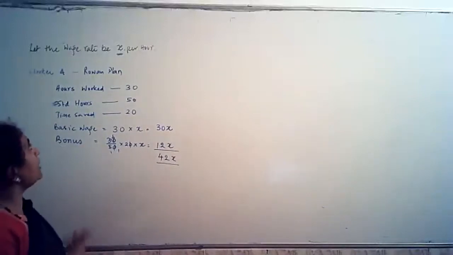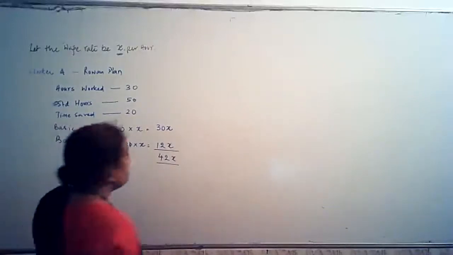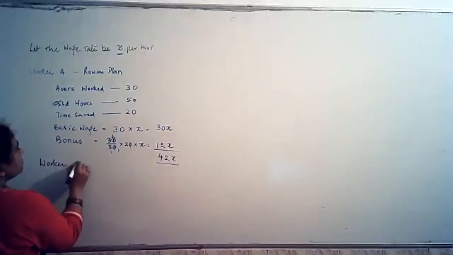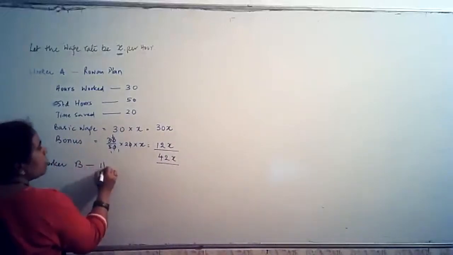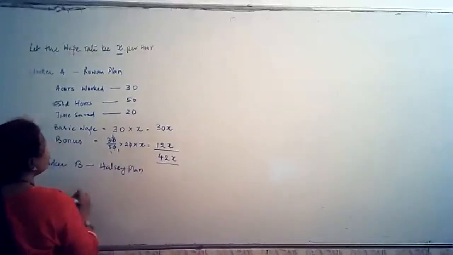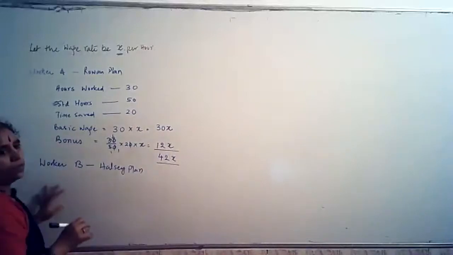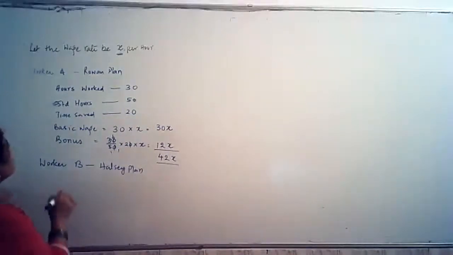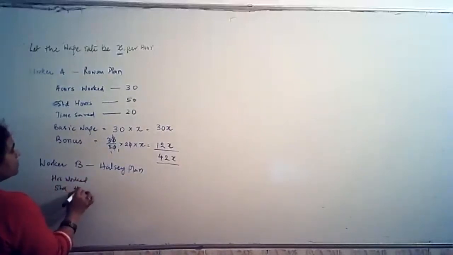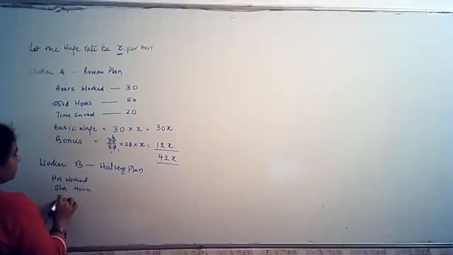Let's now calculate for B. Worker B is on the Halsey plan. I need hours worked, standard hours, then time saved.